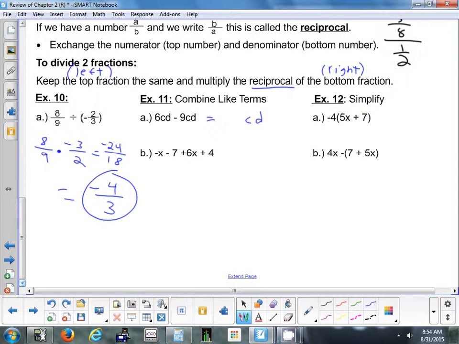Which, if I was going to ignore the signs, ignore the negative, which number is bigger? 9, right? And what's the sign with 9? Negative, right? So what does that mean about your answer? Is your answer going to be positive or negative? Negative, right?